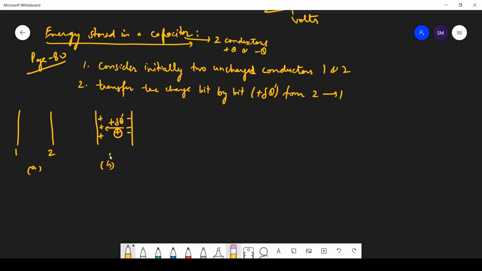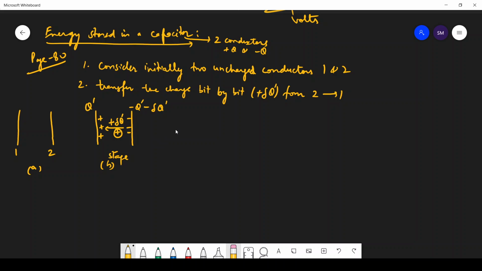So there will be a stage when this plate has the charge Q dash and this plate has the charge minus Q dash, and you are transferring plus delta Q dash. The charge here reduces by delta Q dash, and the charge on this plate increases by delta Q dash.